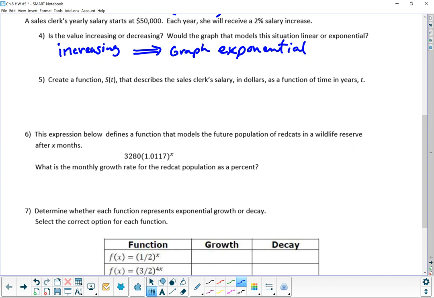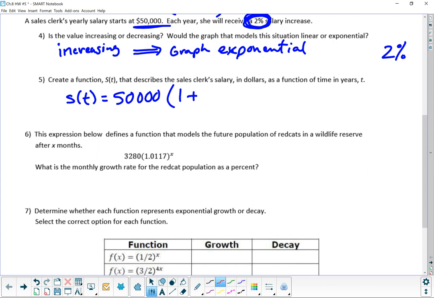Create a function s of t. So we'll go with s of t. Okay, so we start with $50,000. And then this is going to be 1 plus the rate. The rate is 2%. Right, but 2%, you're going to move the decimal back, which is at the end of the 2.